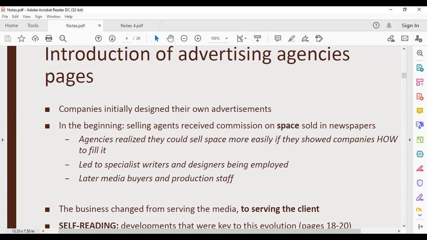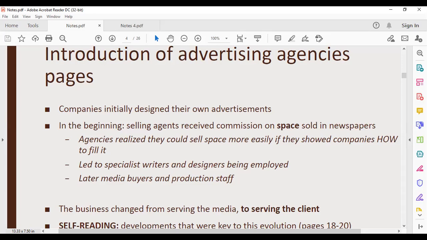So this led to the creation of specialist writers and designers that would deal with how to create advertisements. Later, media buyers and production staff were also introduced. The business changed from serving the media to serving the client. The idea when advertising started was that we are serving the media, because the media was that important.